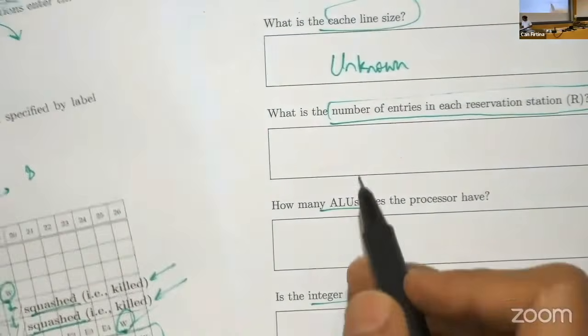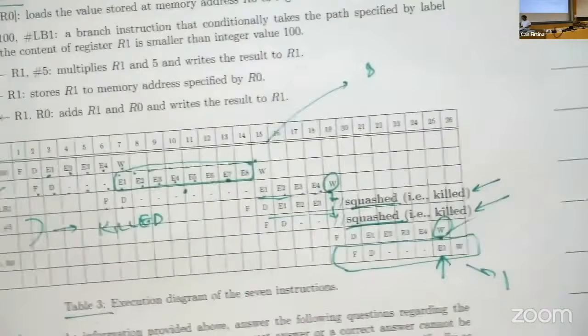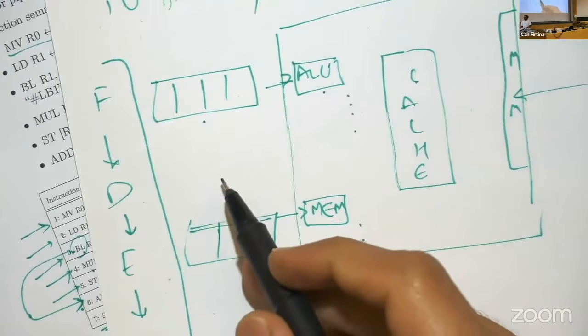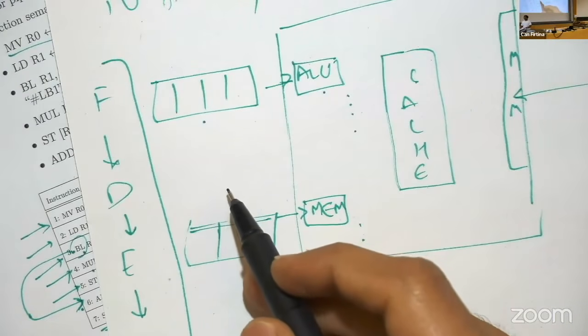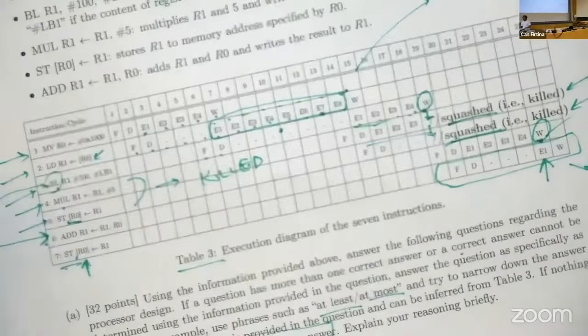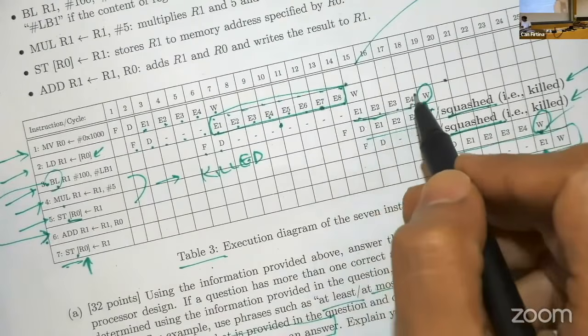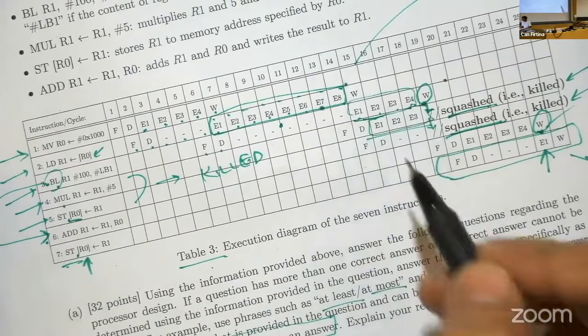Coming back to the question, what is the number of entries in each reservation station? Now in our mental image, the number of entries in the reservation station can be inferred by the number of instructions that are in the execution stage simultaneously. In our execution diagram, we see these two instructions have their execution stages overlapping to some extent.